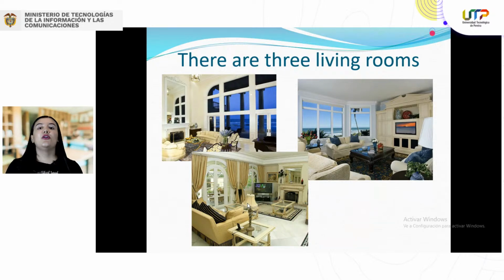Eso está claro con los ejemplos que vimos hace un momento. Recordemos que si es plural, es decir, es más de una cosa, es decir, 2, 3 o más, usamos la estructura there are. Y recordemos que ambas, there is and there are, significan el verbo haber, es decir, el verbo hay. Hay 3 salas en esta casa, por ejemplo, ¿sí?